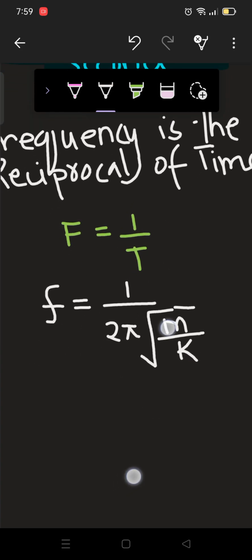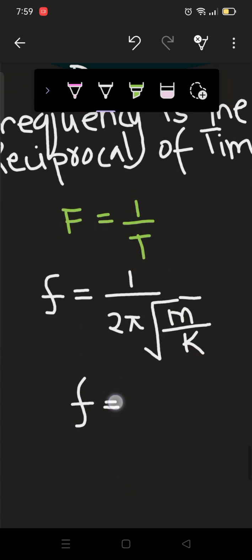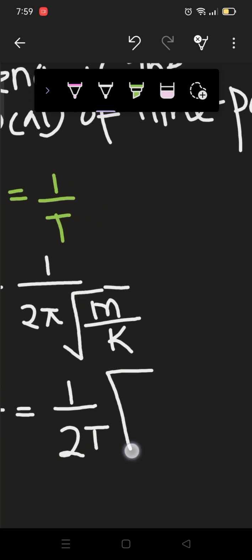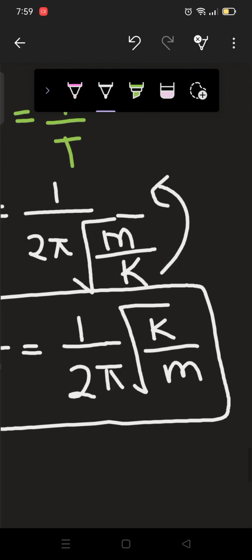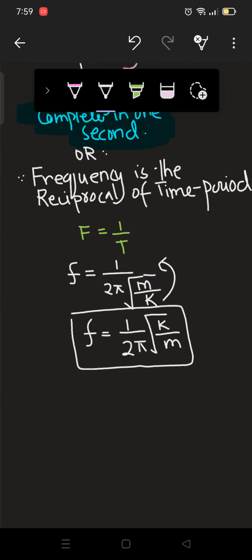Now if we simplify it, what we get here would be 1 over 2 pi into under root k over m, so it will go up, right? So this is the final formula for finding the frequency of the mass spring system. How many cycles will it complete in 1 second? This will tell us the frequency.